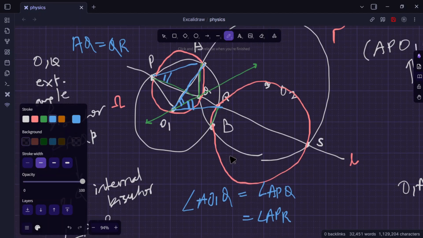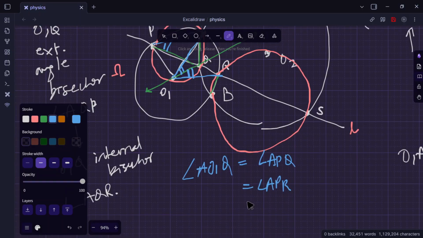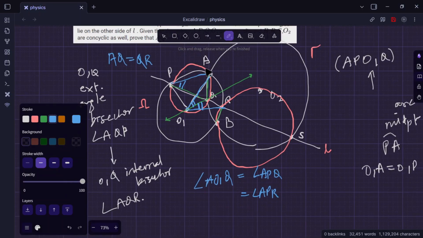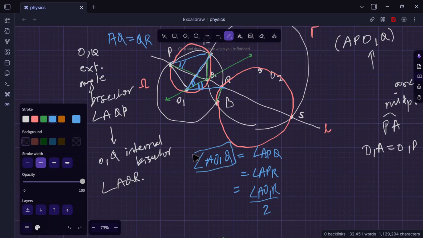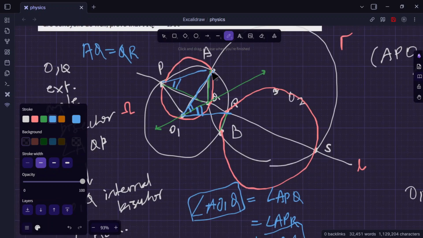Now note that all of the points A, P, R lie on the circle omega. So angle APR is equal to angle AO1R by 2. But this is exactly what we wanted, because we now have angle AO1Q is half of the angle AO1R. But that means that O1Q bisects the angle AO1R.